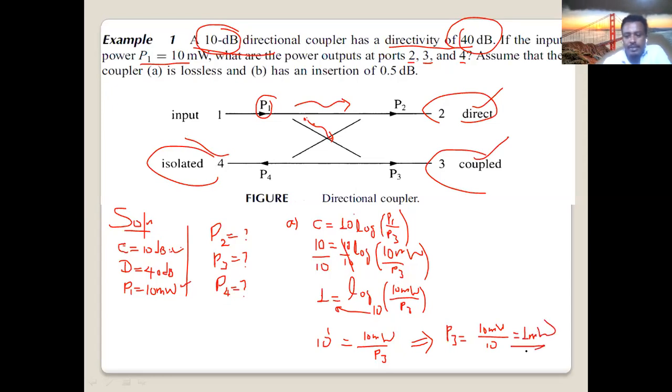So we know P3 now. From C, you can calculate P3. We apply 10 milliwatt, and 1 milliwatt goes to port 3.